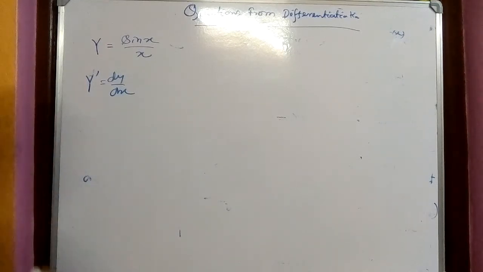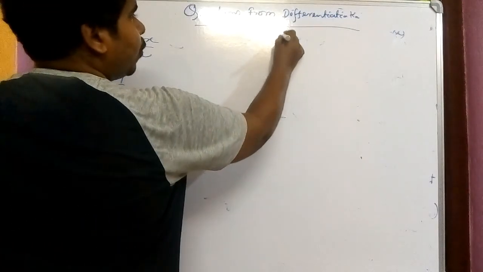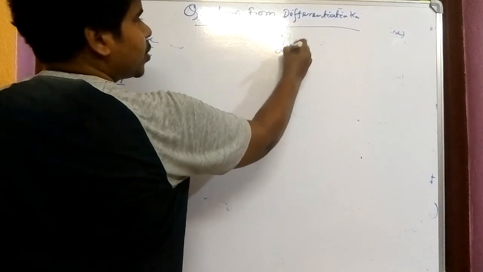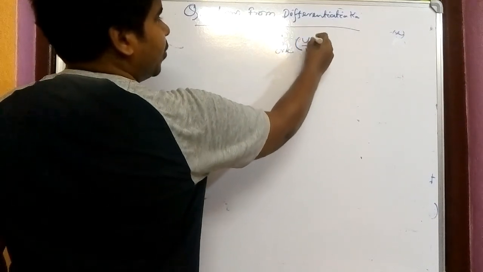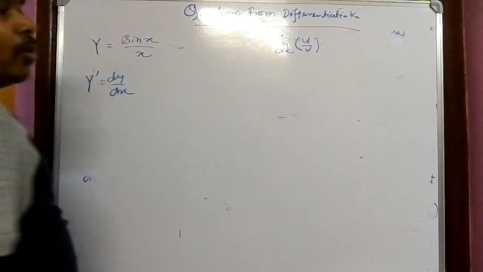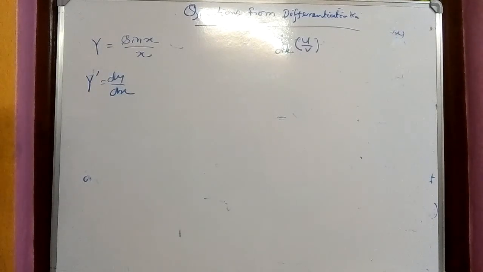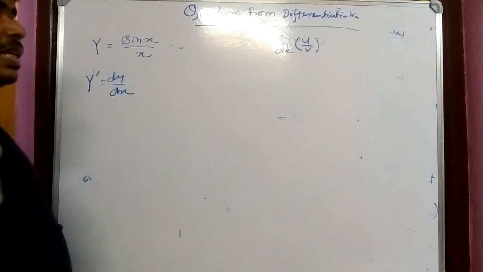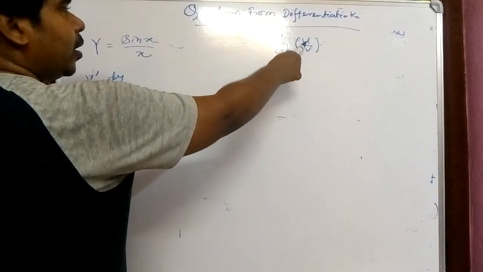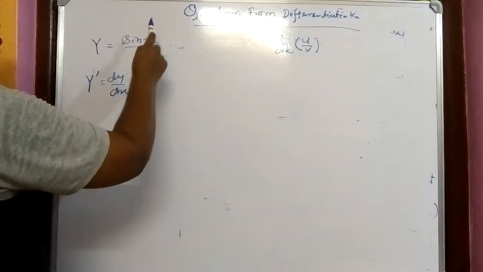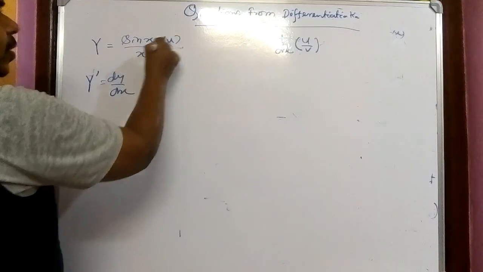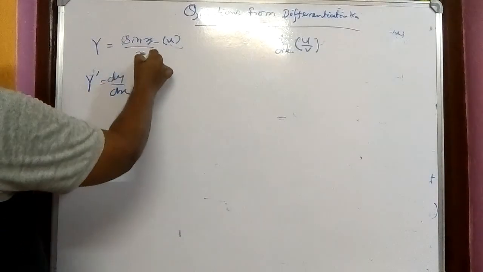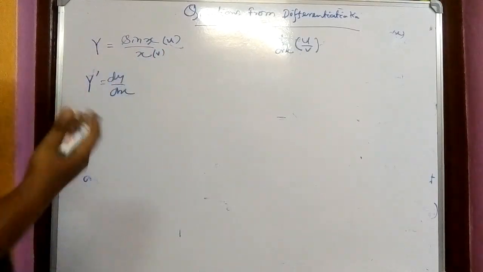Now in this case, we will go by the formula d/dx of u by v, where u and v are both functions of x. Remember one thing, u and v are not constant. These are functions of x. See, u we are taking as sin x, and it's a function of x. V is x, and it is also a function of x.